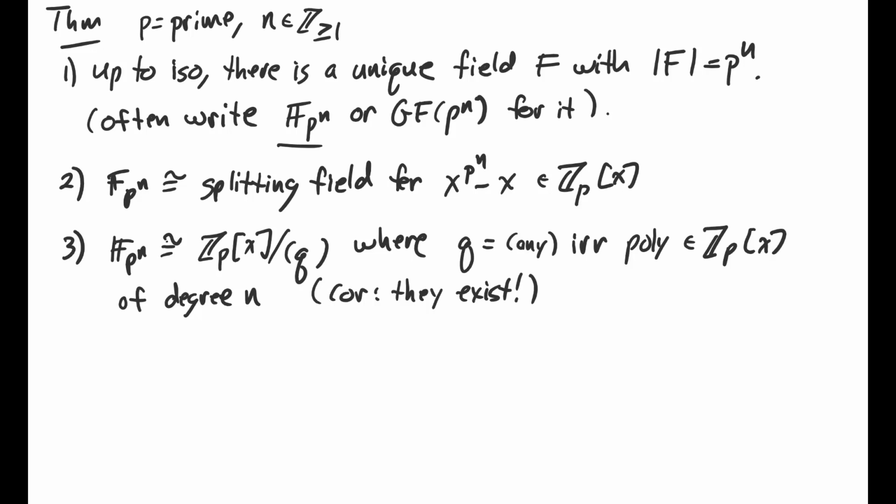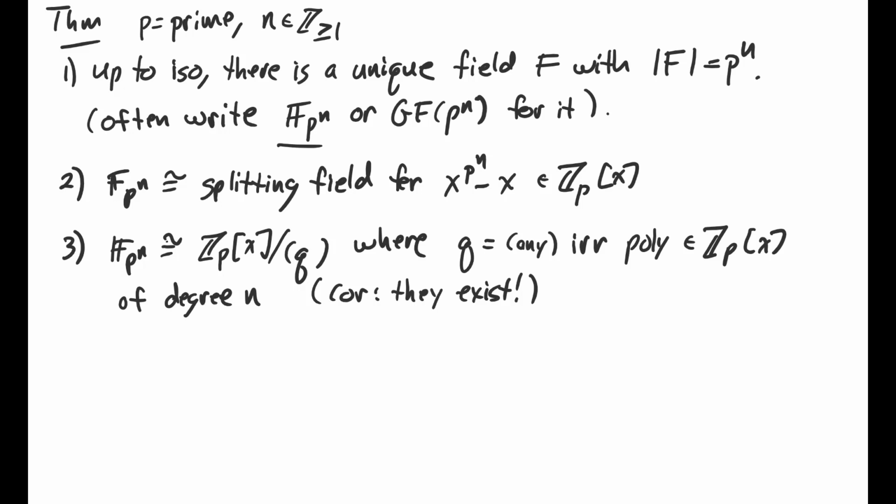So you can also construct the field of p to the n elements as Z_p[x] mod q, where q is any irreducible polynomial in Z mod p of x of degree n. And a corollary of this theorem will be that such irreducible polynomials always exist.